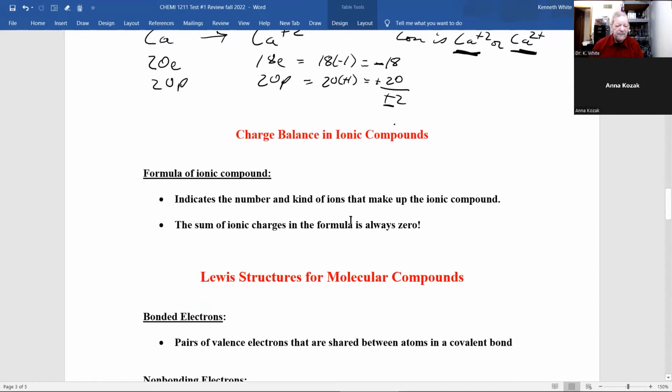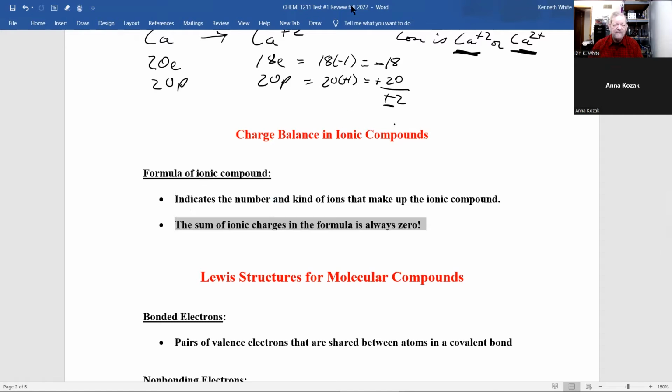All right, now, charge balance in ionic compounds. The formula of an ionic compound indicates the number and kind of ions that make up the ionic compound. And I probably should have had this in red. You should remember the sum of all ionic charges in a formula is always 0.